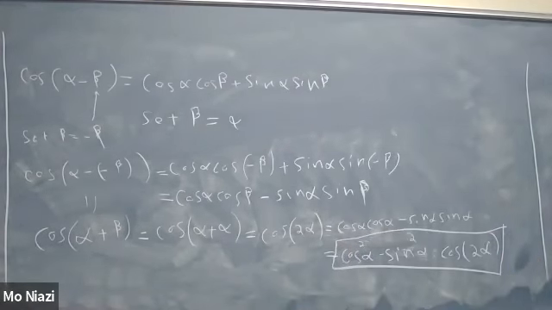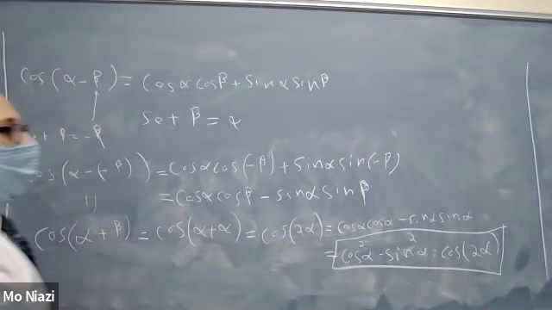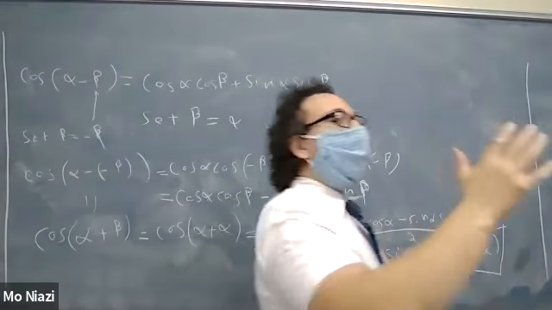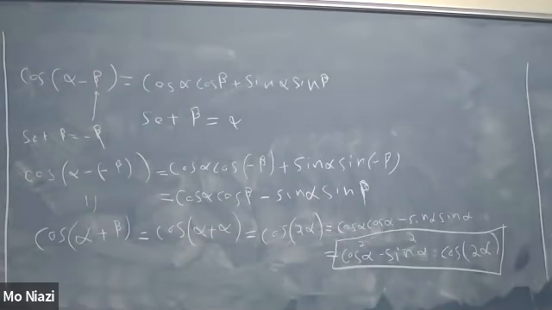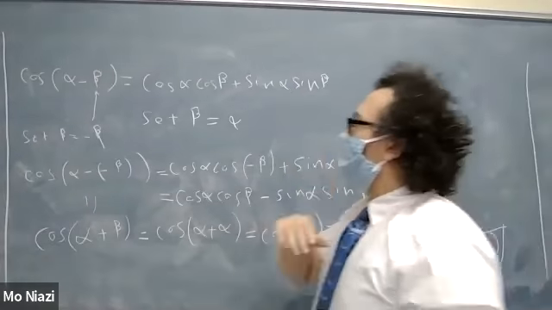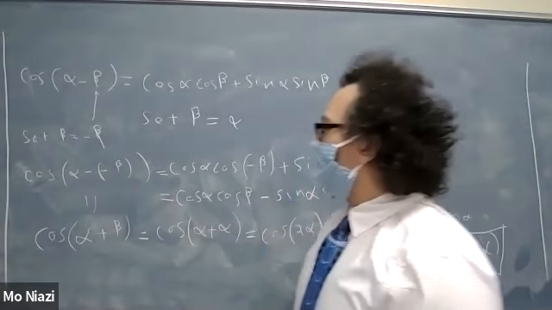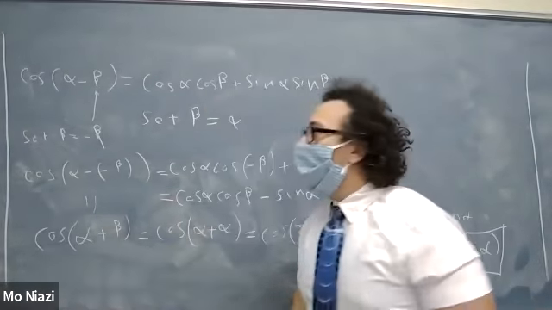Following me so far? We started off with this thing that we derived together using this is the angle beta, then this is the angle alpha, then this distance is this, and bring it down, and this distance is that, so the distance is equal to each other, square, algebra, and solve for cosine of alpha minus beta. We got this. Then we were able to discover the new formula, cosine of alpha plus beta.